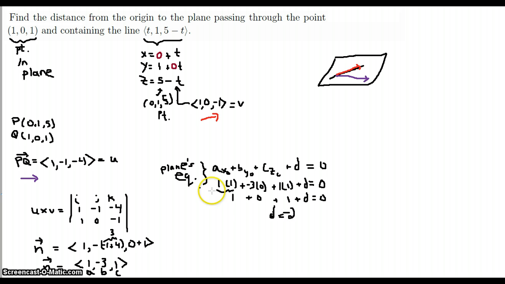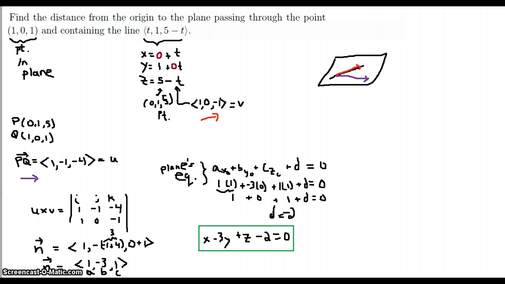And the equation of the plane then is x minus 3y plus z minus 2 is equal to 0. You should probably double check and make sure that this plane also goes through the point (0, 1, 5), the point that was on the line, and it does. So we're good then. That's the plane.